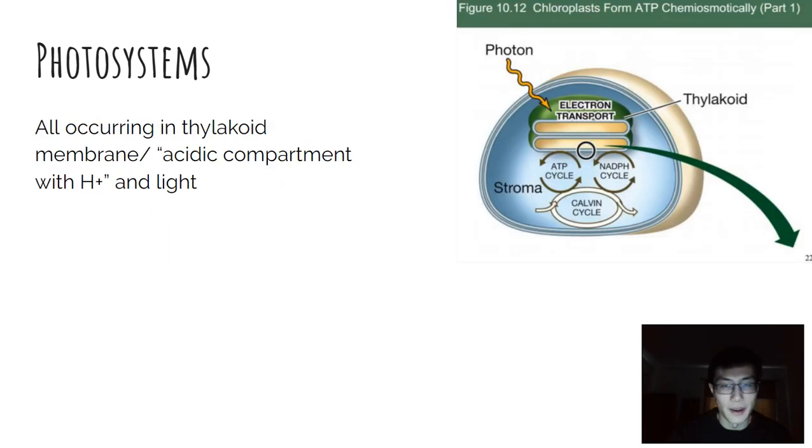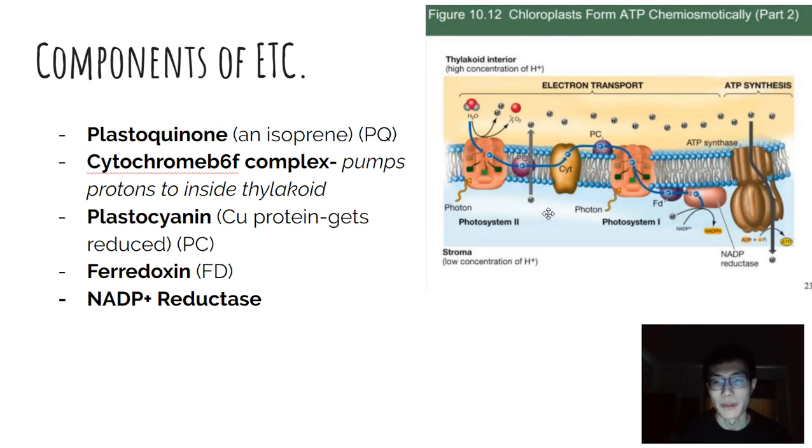So that's great and all, and we have this particular aspect over here in the thylakoid membrane. But what about this compartment? What about this hydrogen ion component? Where does that come in? Well, if we look at the whole system, these are the components of the electron transport chain, and we can see that the thylakoid interior over here has a high concentration of hydrogen ions, whereas out here in the stroma, there are low concentrations of hydrogen ions.